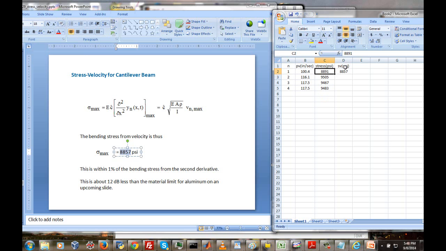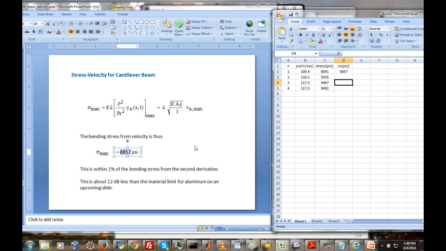Whereas this is a simplified method here, just taking our pseudo velocity, which also came from the modal transient, but then instead of going through that process of taking the second derivative, we just directly multiplied this. Essentially, all these terms become a single coefficient times the peak modal velocity.